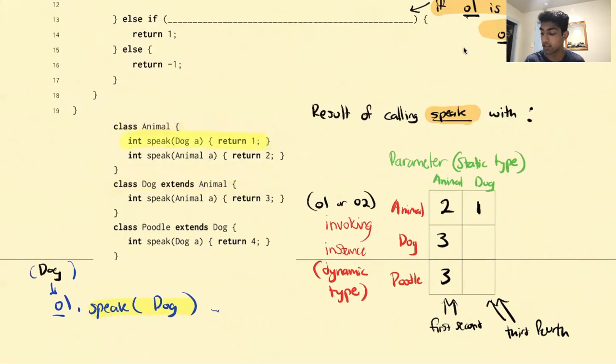None exists, so we settle on what we locked in on during compile time. And then this goes 1. And then during the last case, where poodle is here, we'll lock in on the same method signature, but then during runtime, we actually choose this one in the poodle class. Okay, so we get this according table.